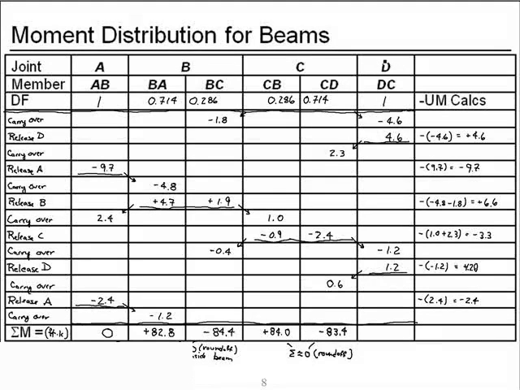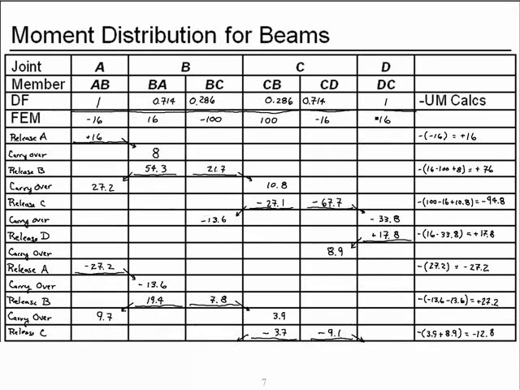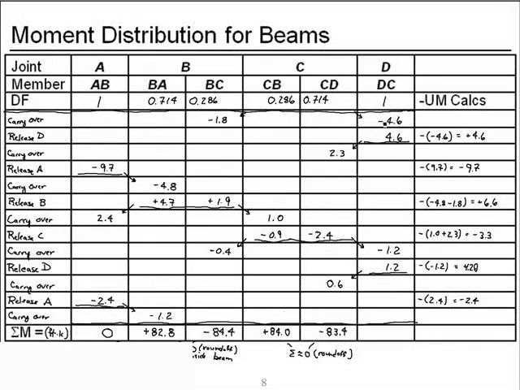Last node, node D in member DC, we have 16 minus 33.8 plus 17.8 minus 4.6 plus 4.6 minus 1.2 plus 1.2.